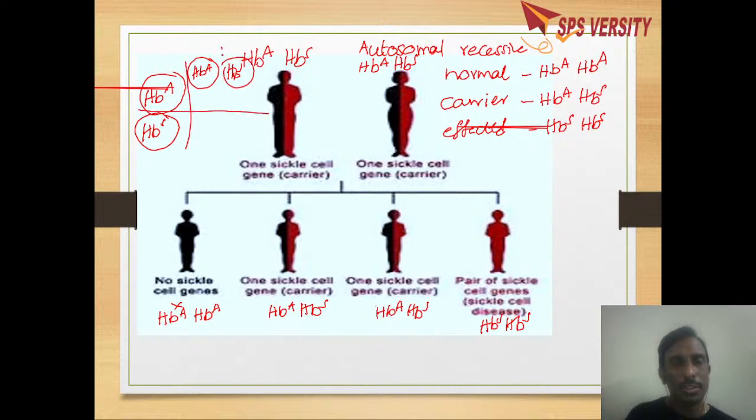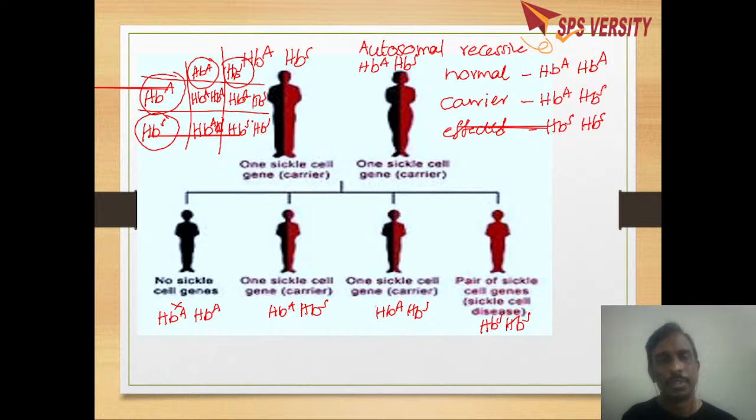When we cross these 2, it will be HBA, HBA, normal; HBA, HBS, carrier; HBA, HBS, carrier; and the final one is HBS, HBS, sufferer. So this is how we do the crossing in case of sickle cell anemia.